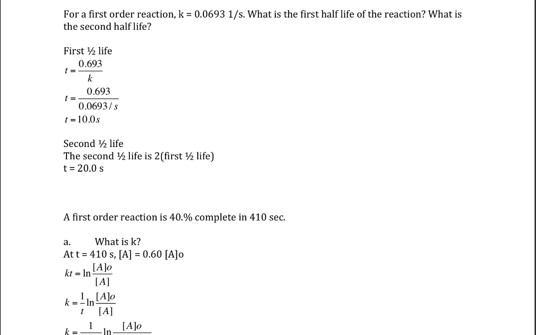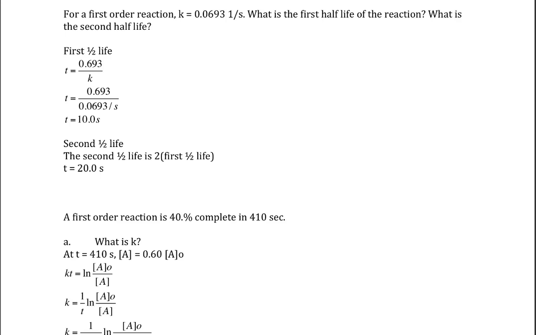So in our problem here, we have a first-order reaction, and its rate constant, K, is 0.0693 1/seconds. So what is the first half-life of the reaction? What is the second half-life? The first half-life is what we often term simply the half-life.